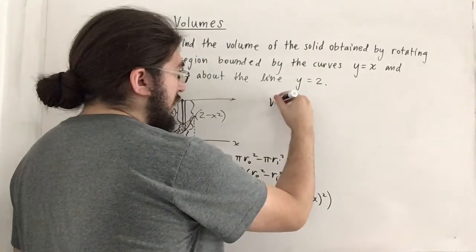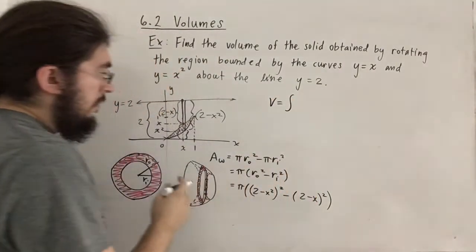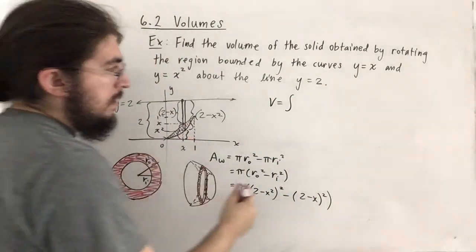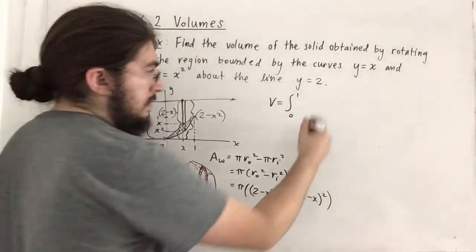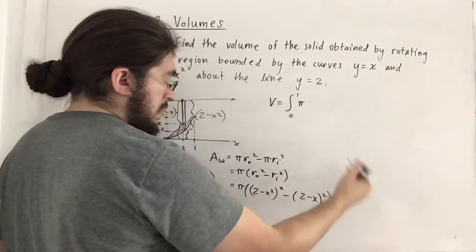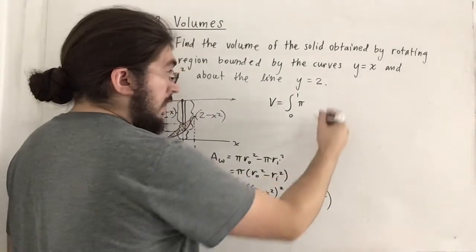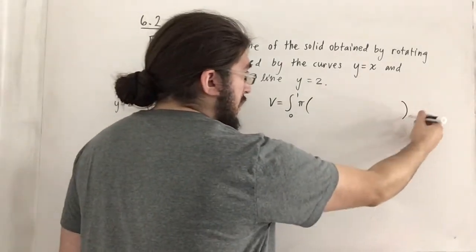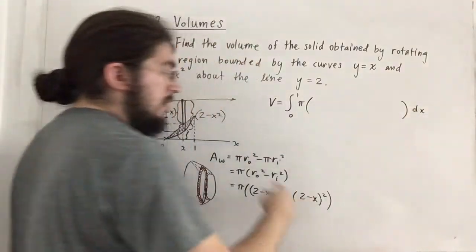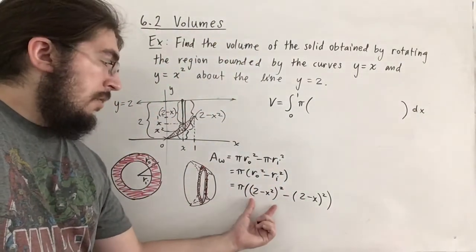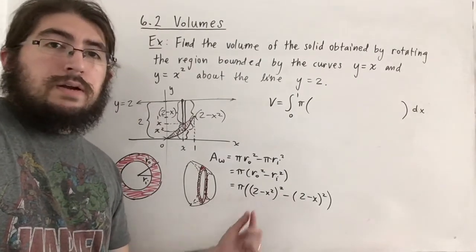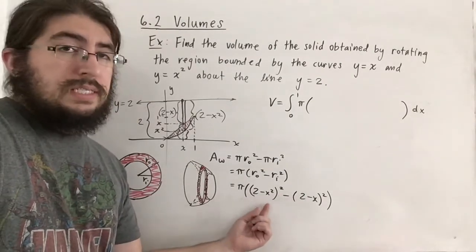Now finally we have the volume is equal to the integral from 0 to 1 of pi times this quantity. And in fact, just to save space, I'm not writing too much or repeating too much, I'm going to actually expand these out. Now when you expand a binomial, it's the first one squared plus 2 times their product plus the second one squared.